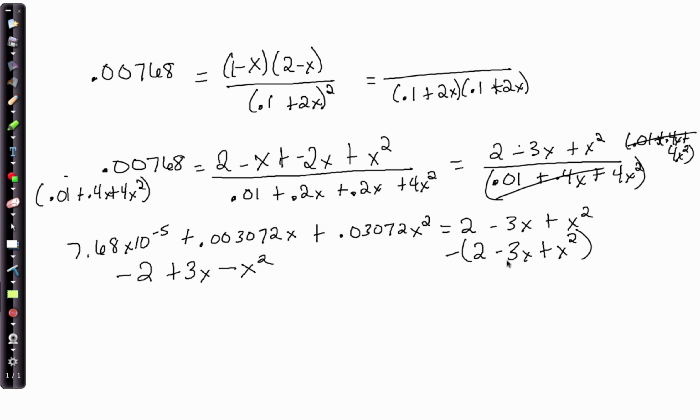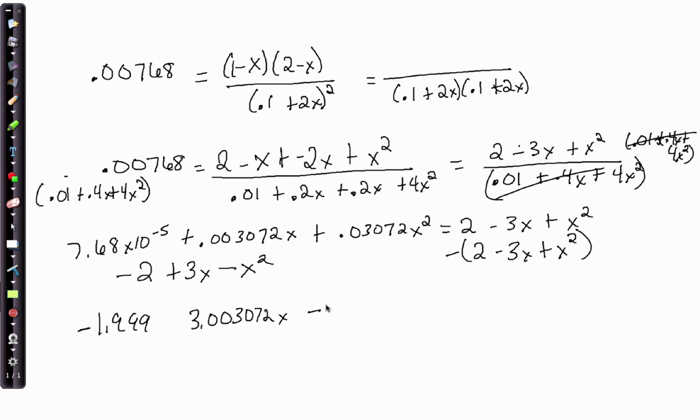And then negative x squared. All right, so now if I combine everything together, put the whole numbers with the whole numbers, so negative 1.999, and then here we're going to get 3.003x, and then we're going to put the x squareds together.